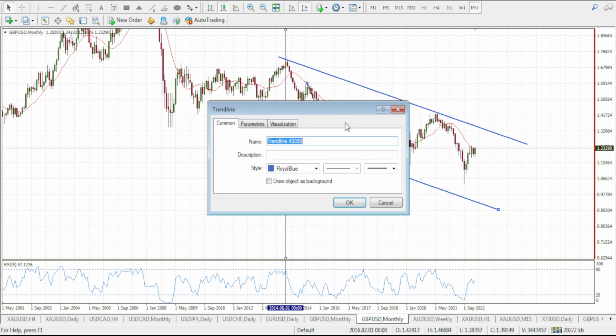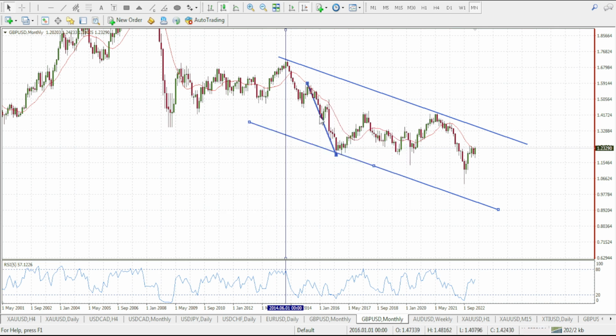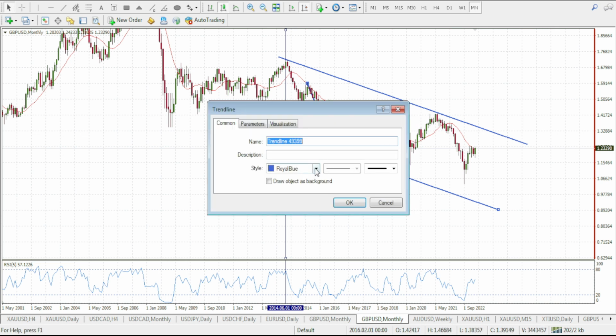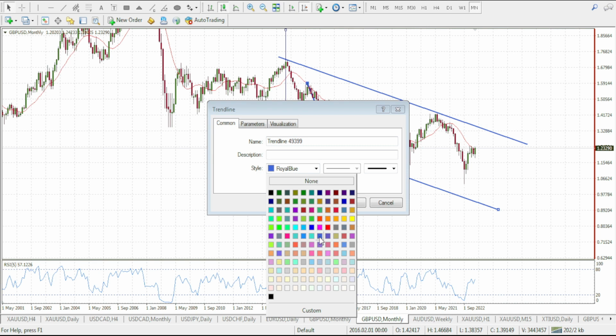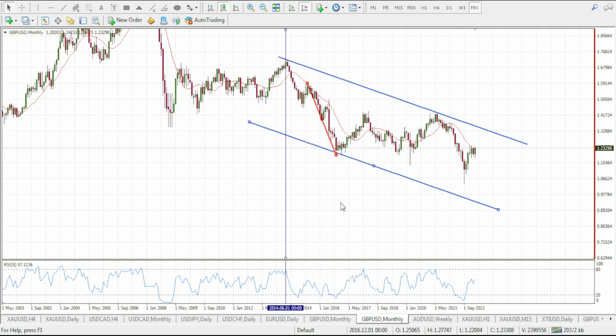Let me make it a little bit bold. Okay, it's now visible. Let's change the color as well. It should be fine. Orange.